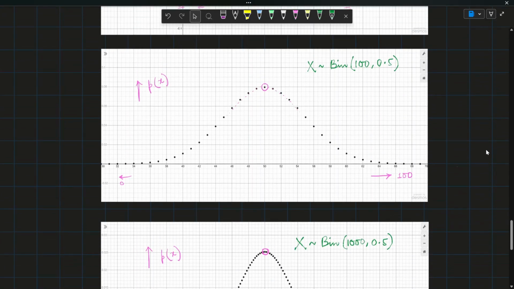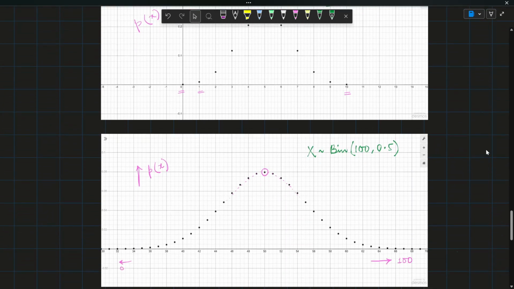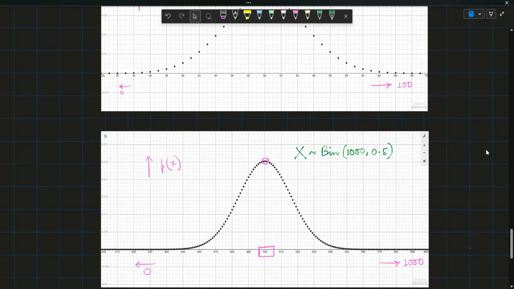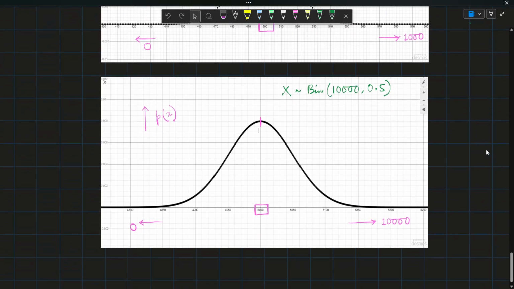So the point I am trying to make here is, if you increase the number n in a binomial distribution, the probability function takes a particular shape, and as the number of possible points x can take becomes larger and larger, this curve looks like a continuous curve.